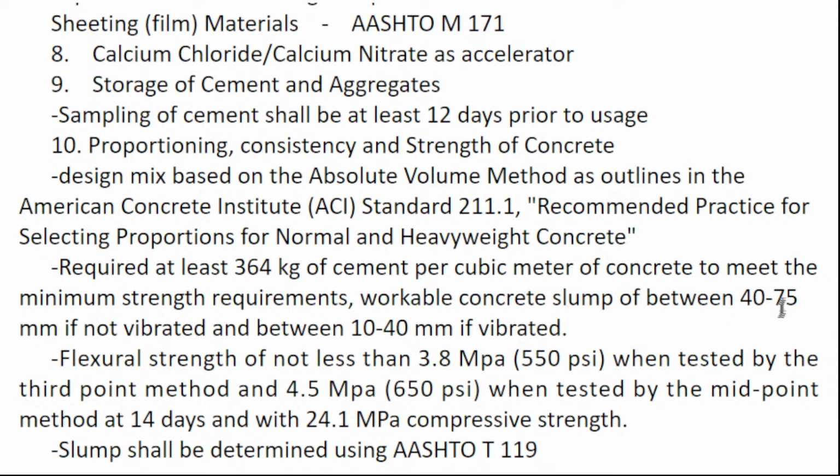Workable concrete slump. Okay. We already talked about the slump measurement. 40 to 75 mm if not vibrated and between 10 to 40 mm if vibrated. So we already talked about the slump test. Okay, 75 is 3 inches, so 40 is about 1.5. 1.5 to 3 inches if not vibrated, and 10 to 40 mm if vibrated.